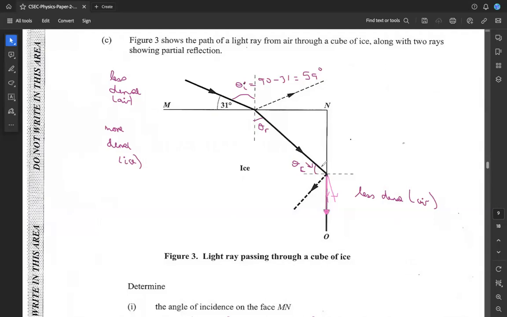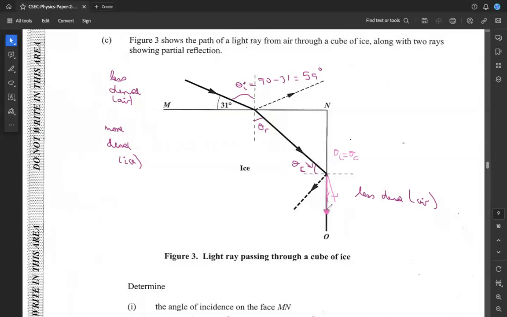So again, this is our angle of incidence, and in this case the angle of incidence is the same as our critical angle, because that's the angle at which the ray just grazes the surface. It doesn't leave the ice completely. It just grazes along that ice-air boundary.